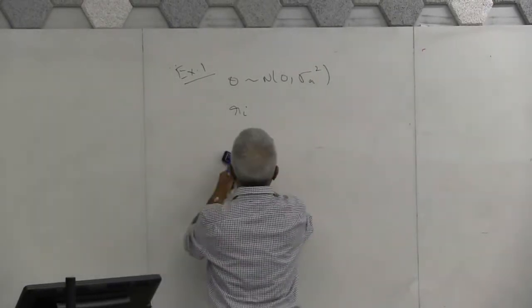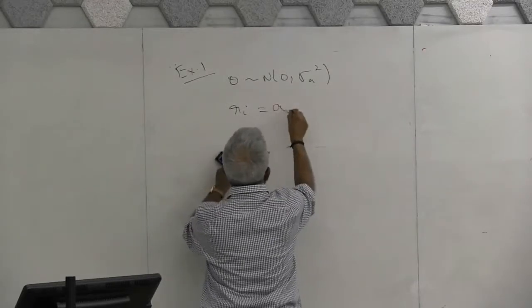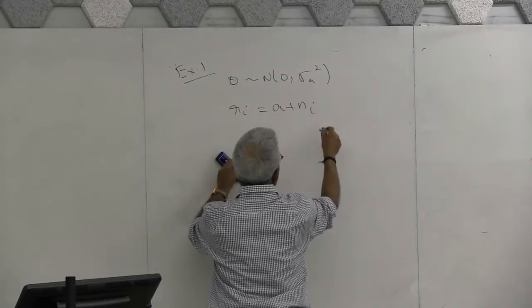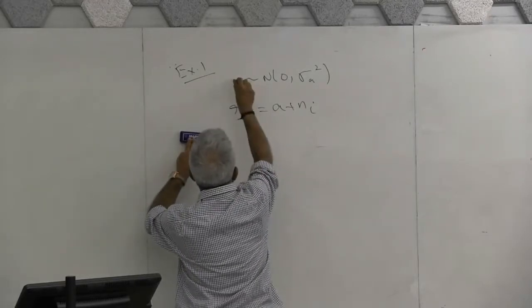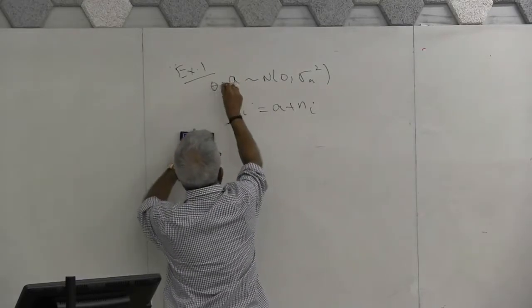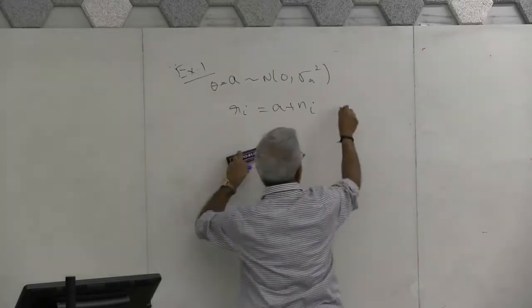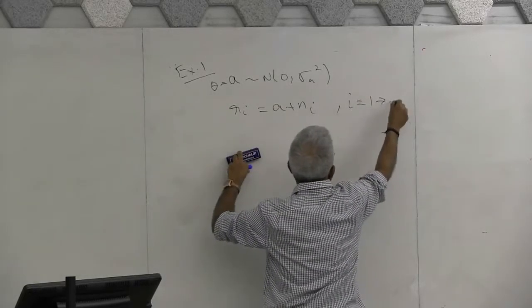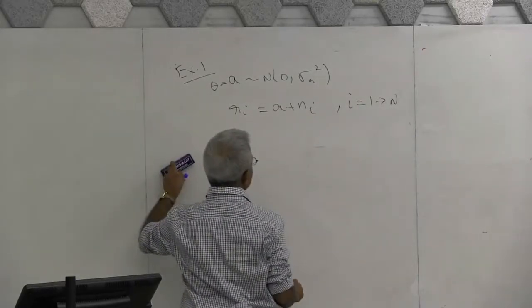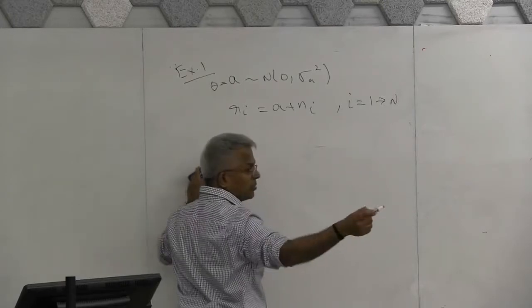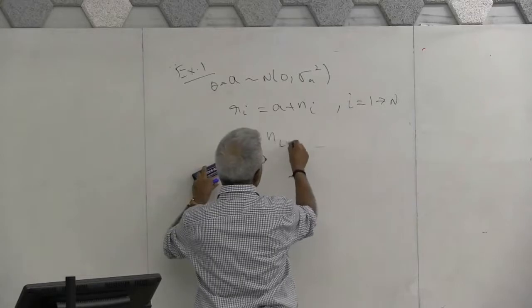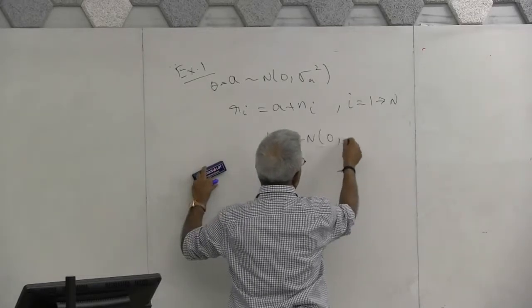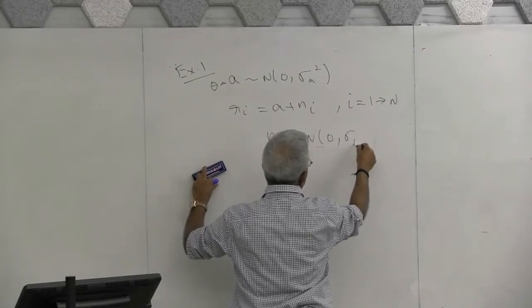So Ri's are of this form, A plus Ni. So A is your theta. And let me use the same notation I have used there. So you have n observations. Remember, this came in detection. Anybody remembers this, right? But the Ni's are also Gaussian with zero mean and variance sigma n squared.